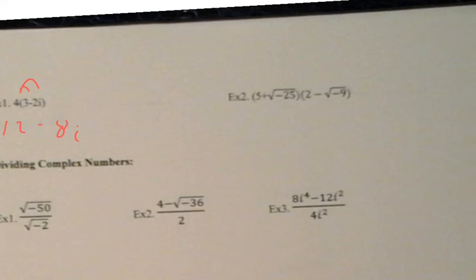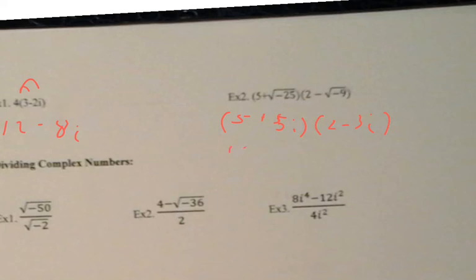Alright, but example number 2, we gotta look at over here. So we have 5 plus the square root of negative 25, which we now know is plus 5i. Put that in parentheses. We have 2 minus the square root of negative 9, which is 3i. Now we distribute out.